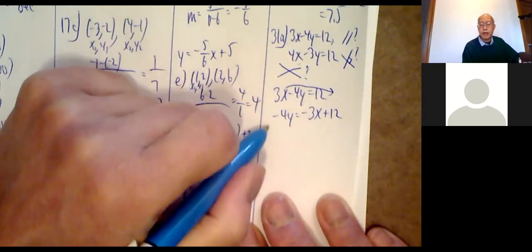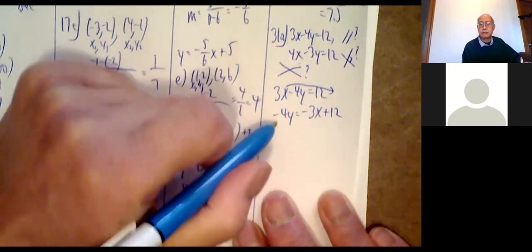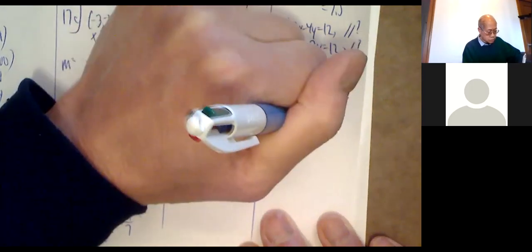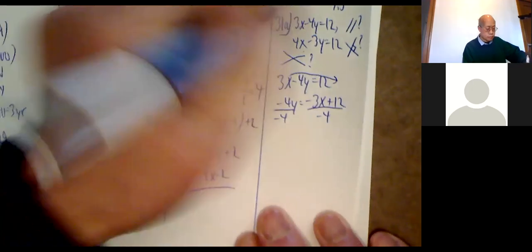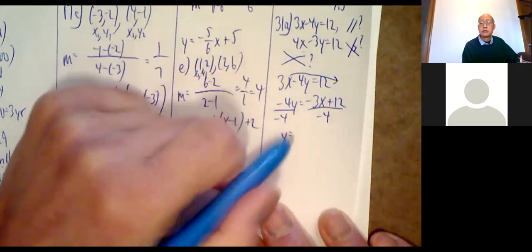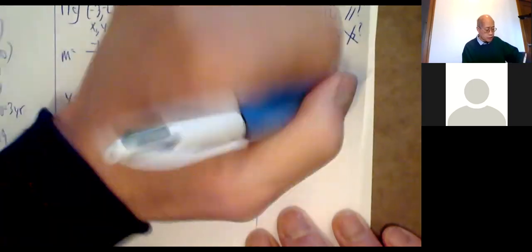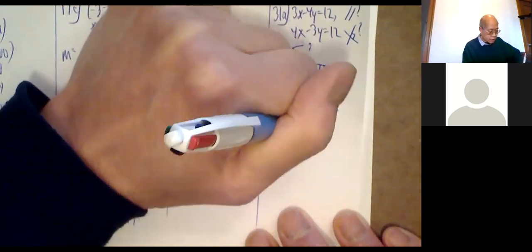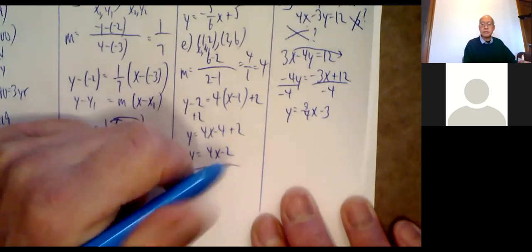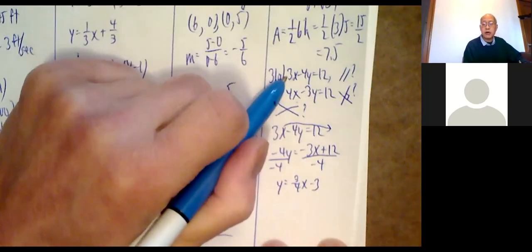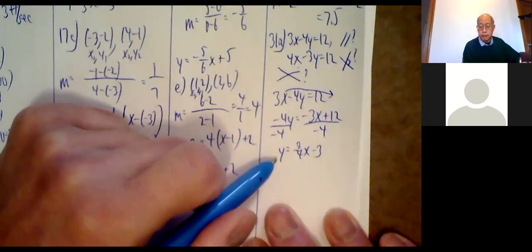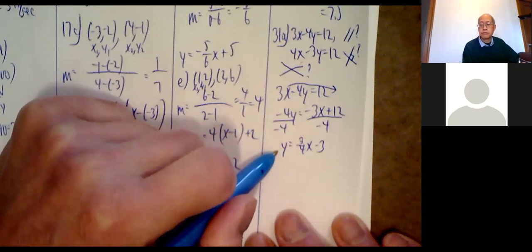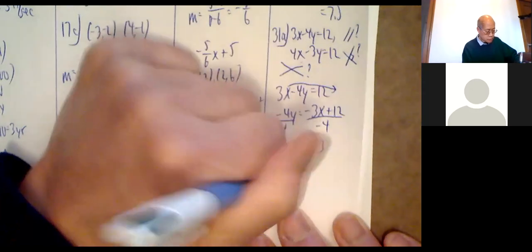And now how do I isolate the y? Divide by negative 4. So I get negative 3 divided by negative 4 is positive 3/4 x. And then 12 divided by negative 4 is 3. So 3/4 x minus 3. So this equation now looks like this. What's the slope? 3/4. So m1 is 3/4.